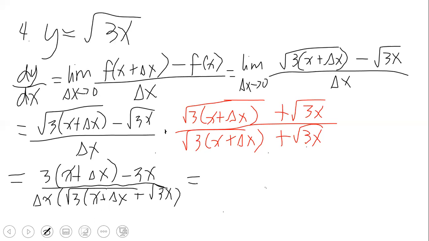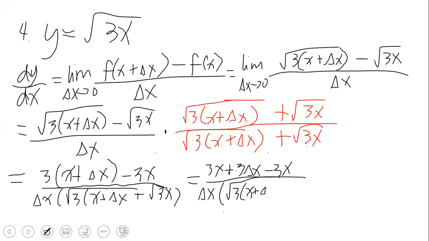So simplify po natin yung terms. So magiging 3x plus 3 delta x minus 3x all over delta x times the quantity square root of 3 times x plus delta x, ayan, plus square root of 3x. So, ito magiging 0 yung nasa taas kasi 3x minus 3x is 0.